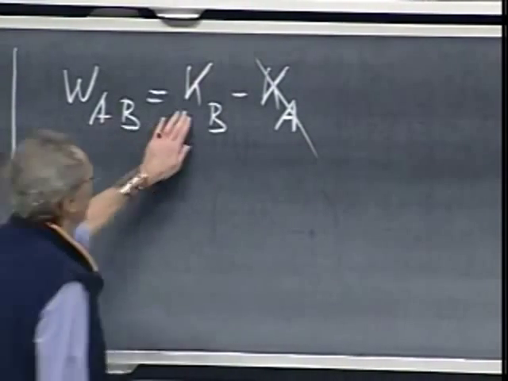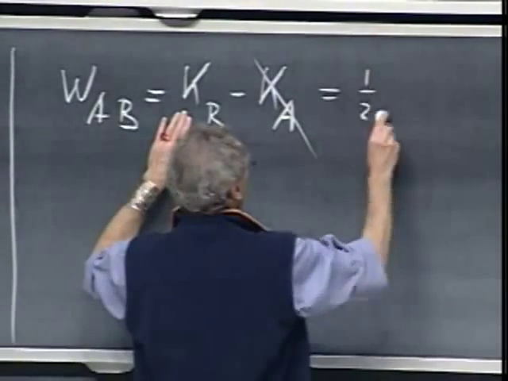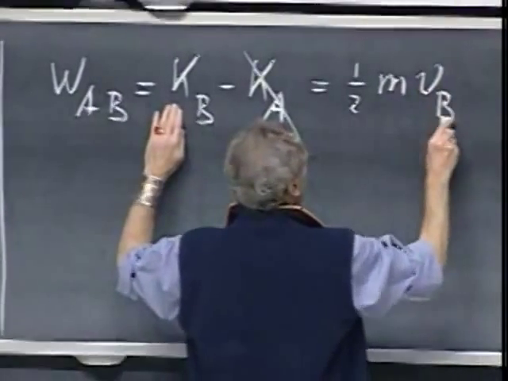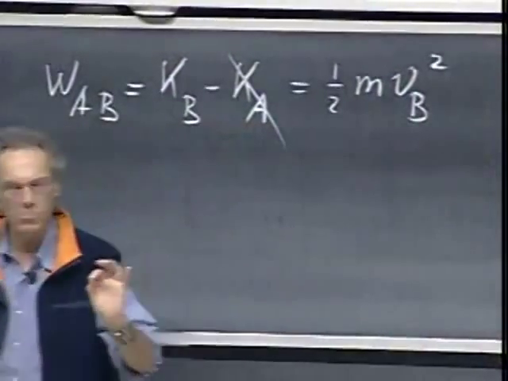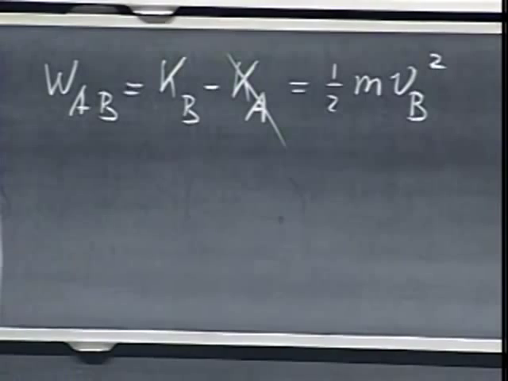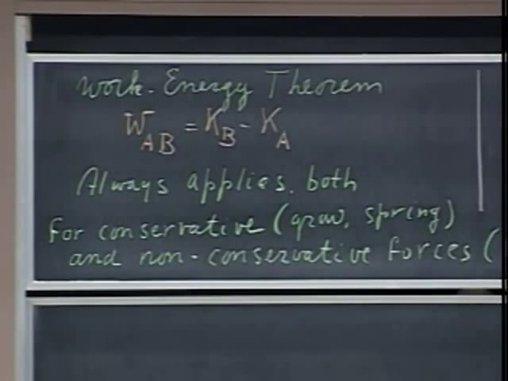And so the kinetic energy at B is clearly 1/2 m vB squared. So it comes down to applying the work energy theorem and calculating how much work was done by all the forces at stake, conservative and non-conservative, makes no difference, and putting it equal to 1/2 m vB squared.